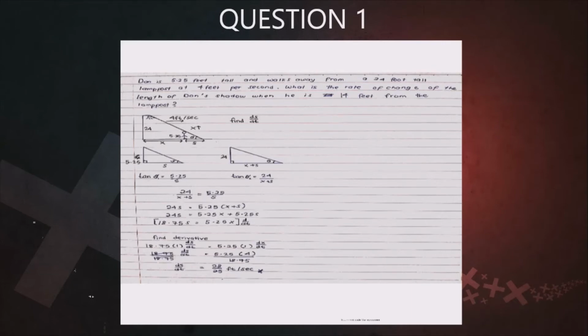So ds/dt is 28 over 25 feet per second. So the rate of change of the length of Dan's shadow when he is 14 feet from the lamppost is 28 over 25 feet per second.